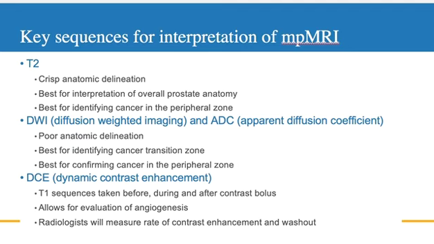So contrast administration is part and parcel of a multiparametric MRI for prostate cancer, and dynamic contrast enhancement evaluates the degree of contrast enhancement of a particular region of interest and it allows for evaluation of angiogenesis within this region of interest. Radiologists will actually make quantitative measures of the rate of contrast enhancement and washout, and that can help determine whether or not the area that they're looking at could be a malignancy.